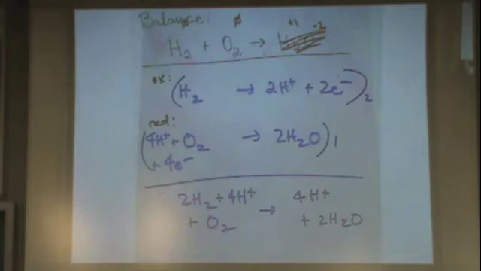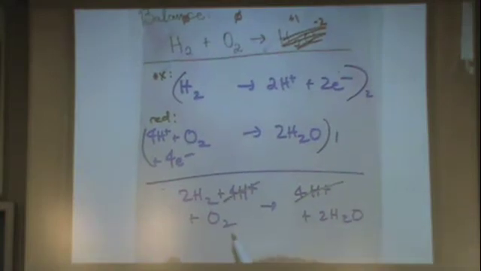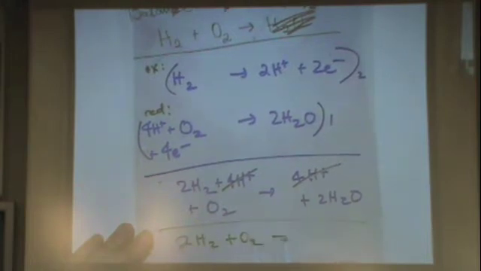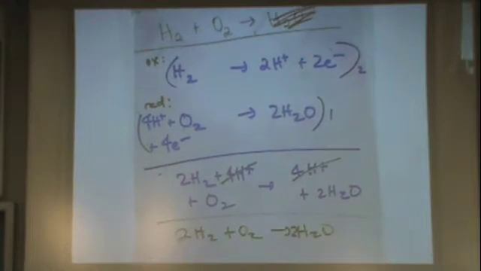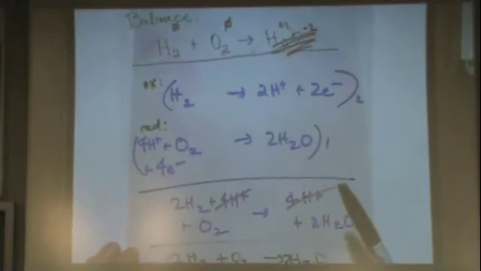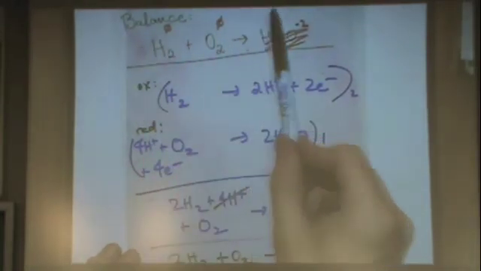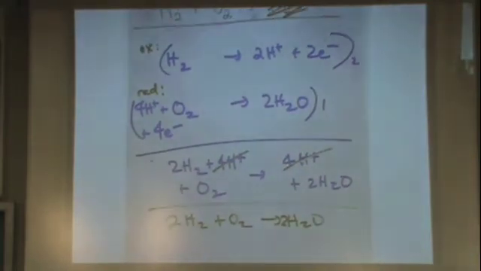Okay, notice that the H pluses drop out. So I am left with 2H2 plus O2 goes to 2H2O. And we're done. If you were also somewhat intelligent, you could have just done that from here. 2, 2. That's okay. If we force you to do it with a half reaction, you have to do it that way.